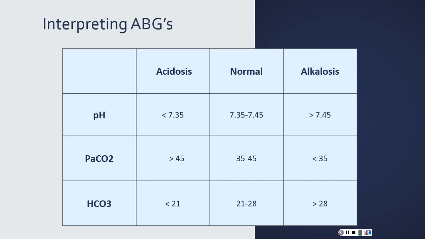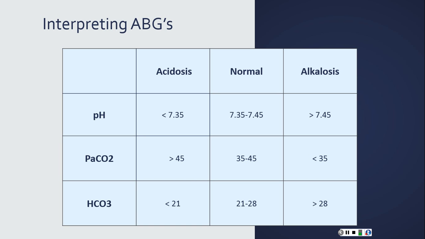We have compensated metabolic alkalosis, but the problem is, is the pH normal? If the pH is normal, we have full compensation. But if the pH is abnormal, we have partial compensation. Okay? So there you go. Partial compensation. That's how you figure it out.